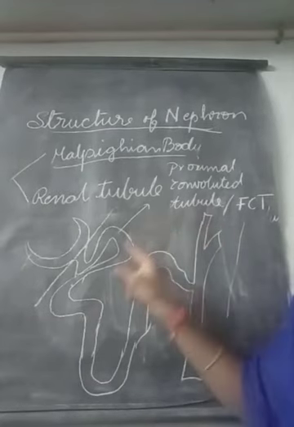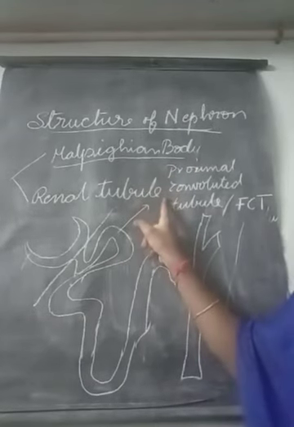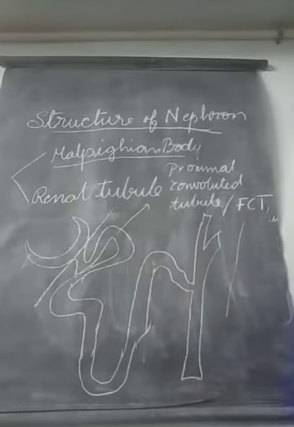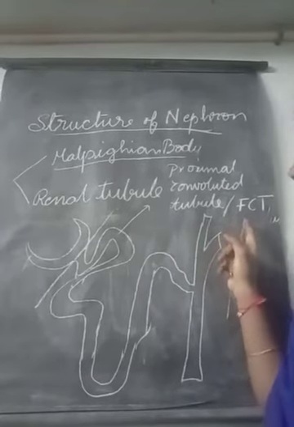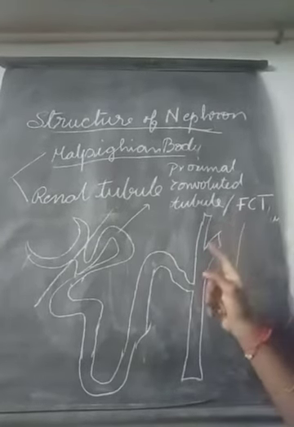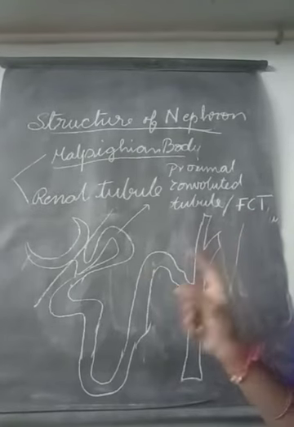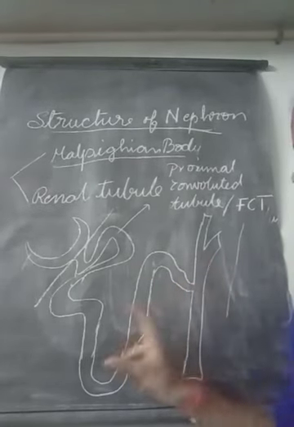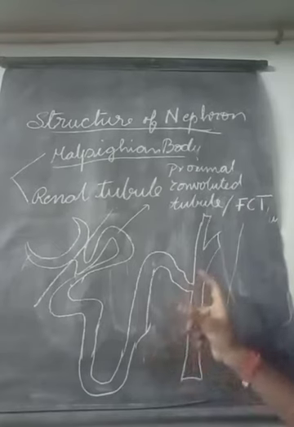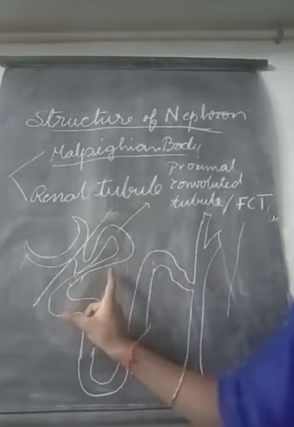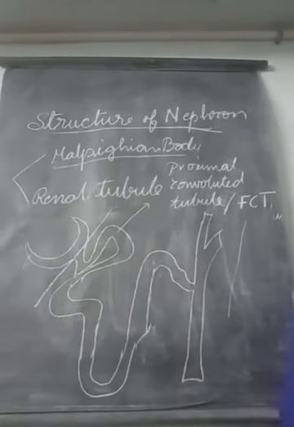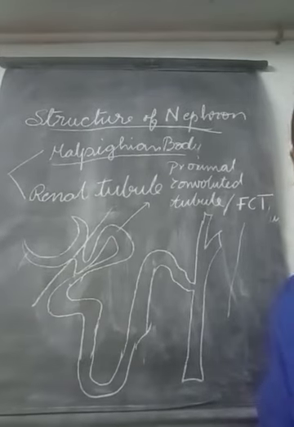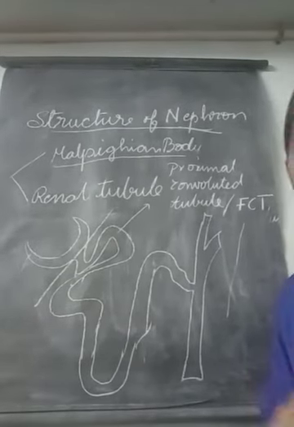That's why we call it the proximal convoluted tubule. Another name for this is FCT, first convoluted tubule. In the renal tubule we will observe many portions, and out of all these portions, this is the first portion we are discussing now. Did you understand the word?